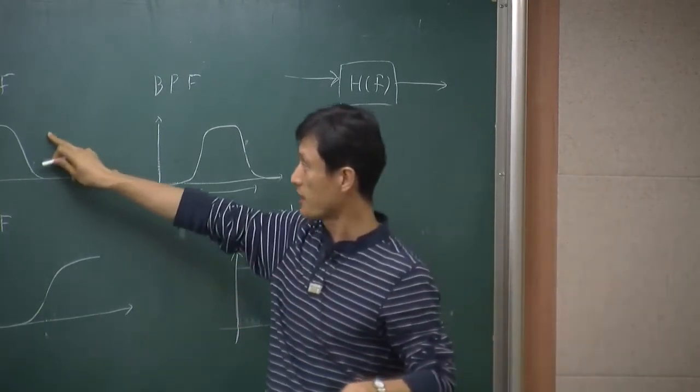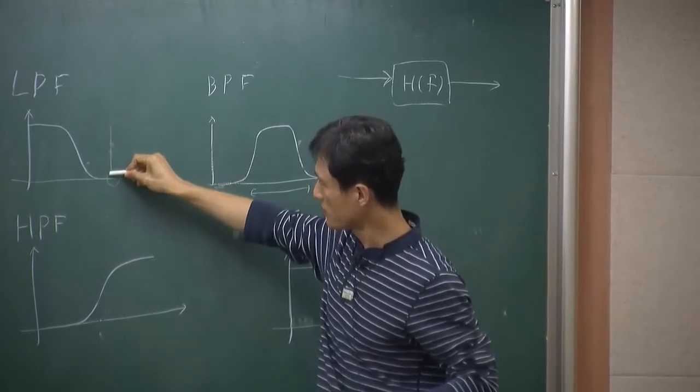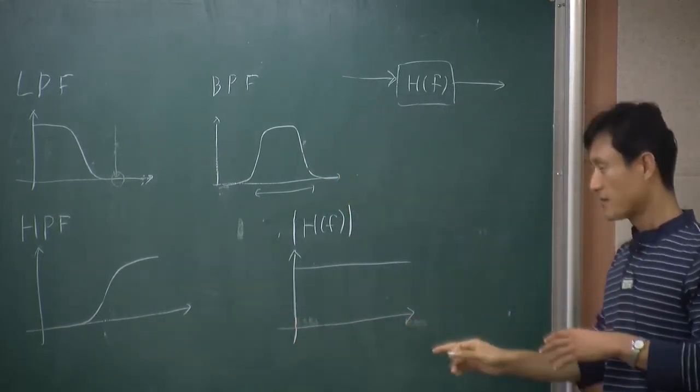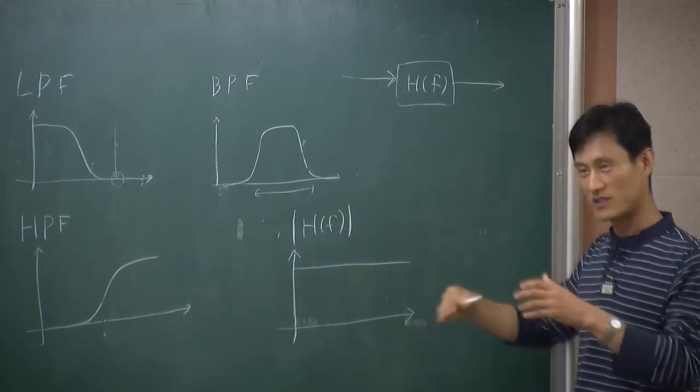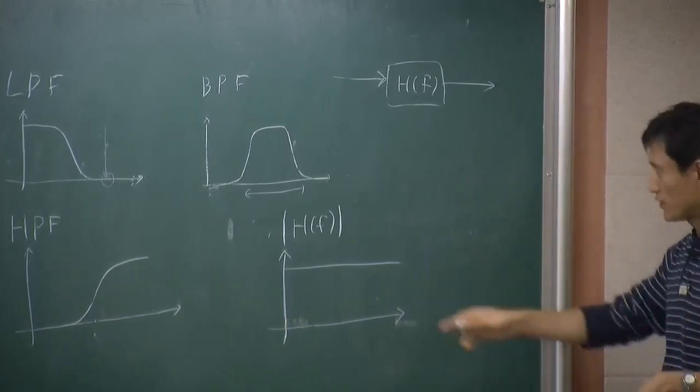In the other case, if you get some frequency component and the magnitude becomes 0, that's the same as blocked. But in this case, the magnitude is unchanged, it just passes. Then again, the same question, why do you need this?